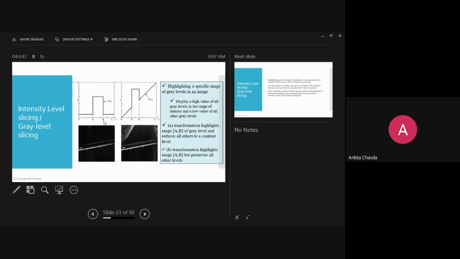That part only is highlighted, meaning you have brightened those values, and the other values are as they are. In the second part, where you are interested, that part is brightened, and you are darkening the other levels. Here the transformation highlights the range A to B but preserves all the other levels. Maybe I said something reversed.